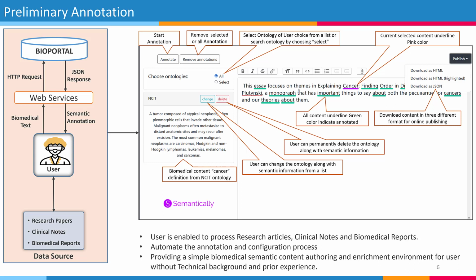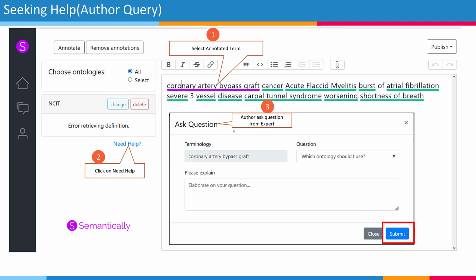The annotation starts, and the semantic information is retrieved from BioPortal. A green underlined word indicates that the term has been annotated, and the term's underline turns pink after selecting it, and its semantic information appears on the left side panel, where the author is allowed to delete or change the semantic information for a term and remove all the annotations. Later this semantic annotation can be used for publishing purposes.